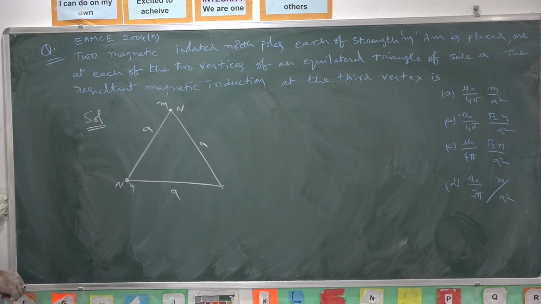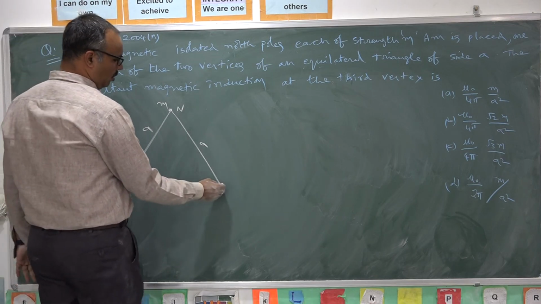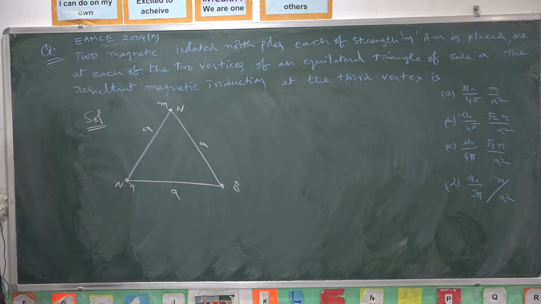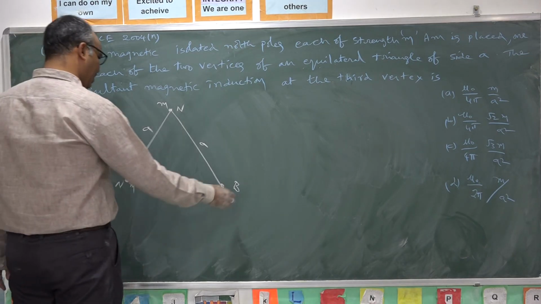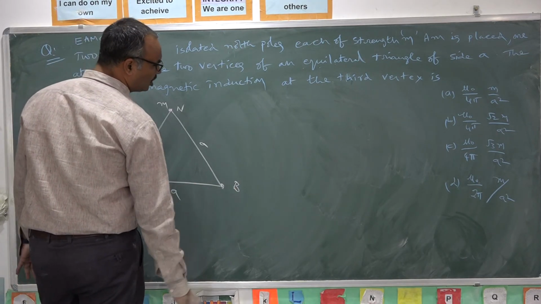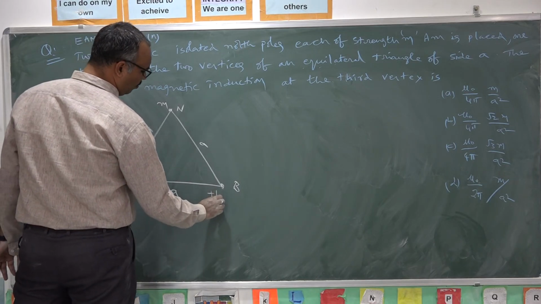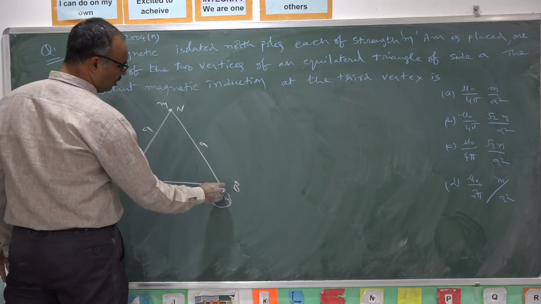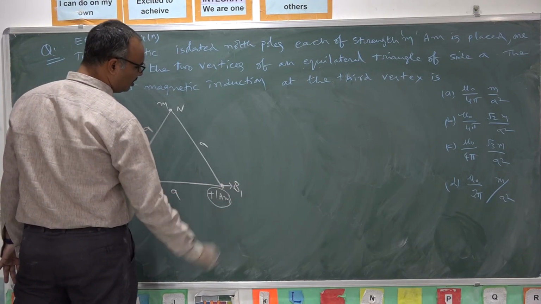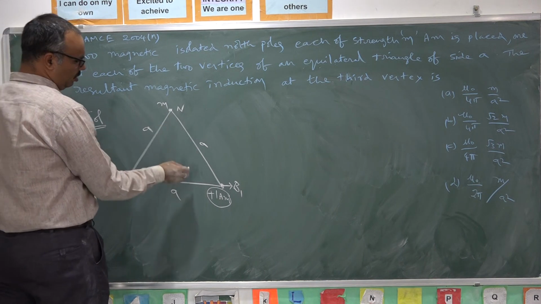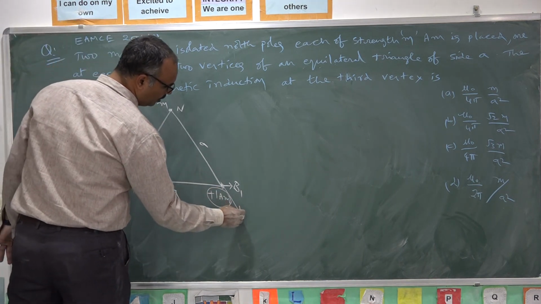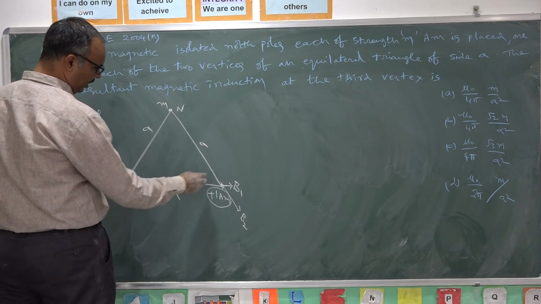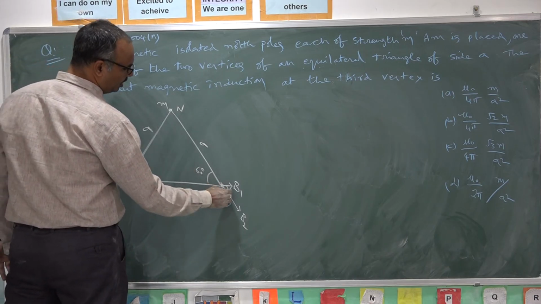Now I need the magnetic induction at the third vertex. Magnetic induction means the force experienced by a unit north pole. If I keep a 1 ampere meter north pole here, north and north will repel each other, so it experiences B1 this side. Because of the other pole, it experiences B2 this side. The angle between them is 60 degrees.